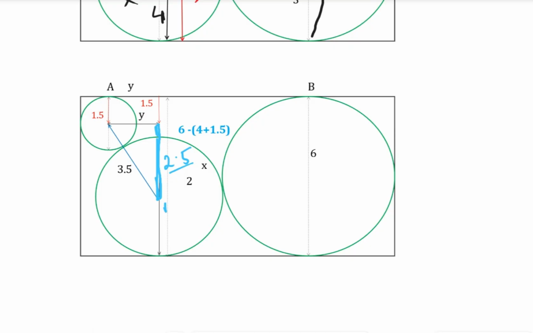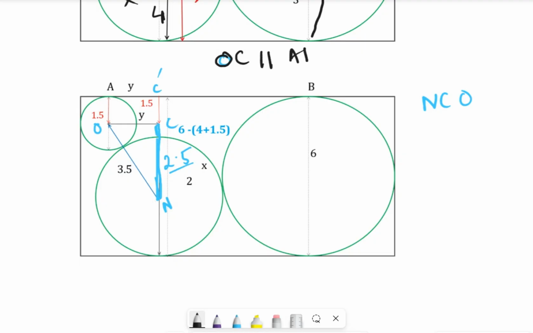Now this is N, and this is O, and this point, let's say C point, and obviously this is C prime. Anyways, now the triangle NCO, and OC is parallel to AB, right? Indeed, at C point there is a right angle, and OCN is a right angle triangle.